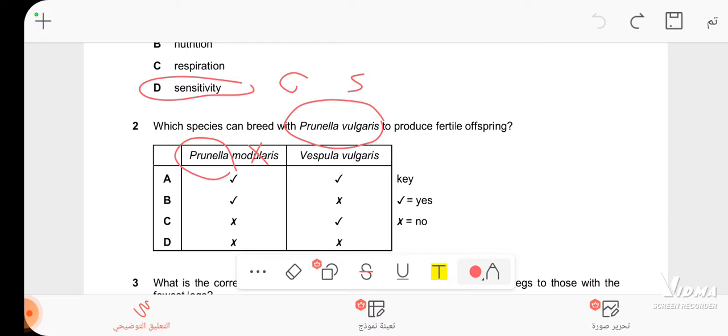We said that to have fertile offspring, the 2 animals must have the same genus and the same species, so this is wrong. Second, Vespula vulgaris: there is a difference here in the genus, so how can they have the same species? Also it is wrong. So the answer here will be D.